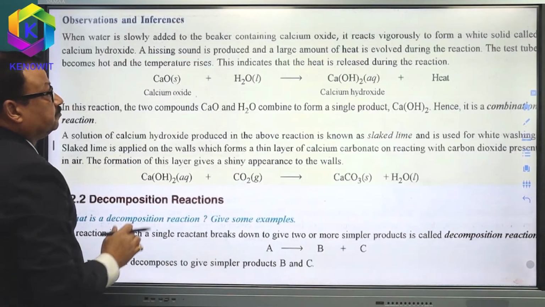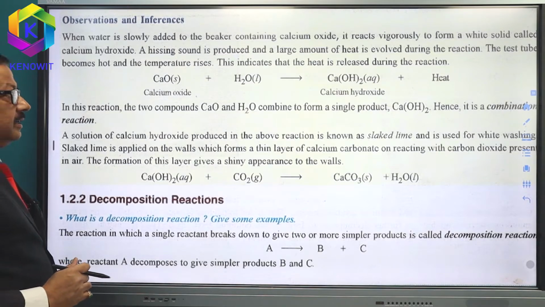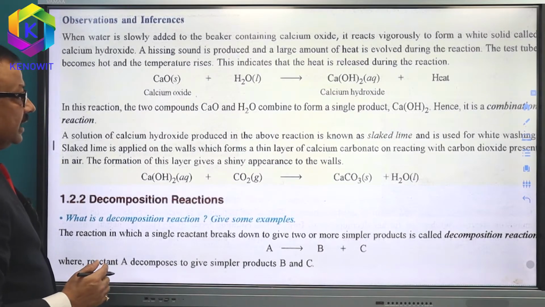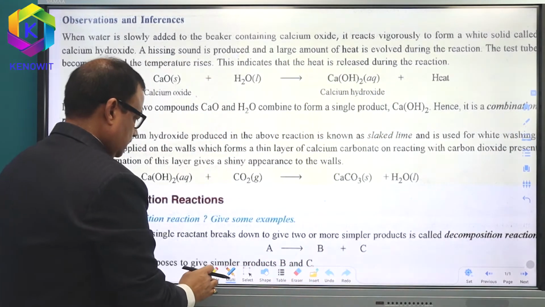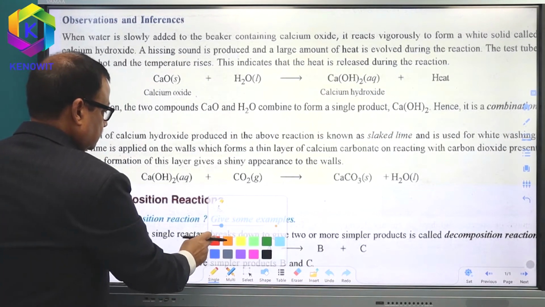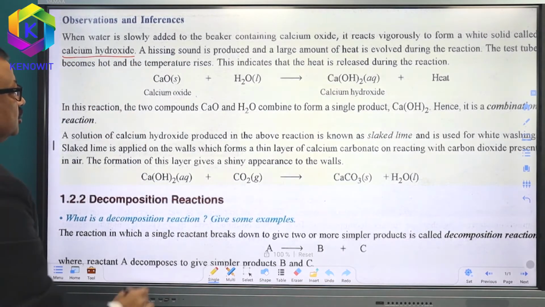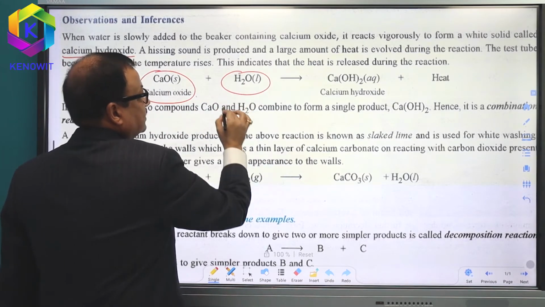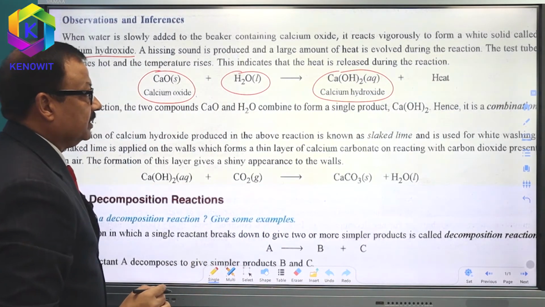Observation and inference: when water is slowly added to the beaker containing calcium oxide, it reacts vigorously to form a white solid called calcium hydroxide. So calcium oxide combines with water and gives calcium hydroxide plus heat.